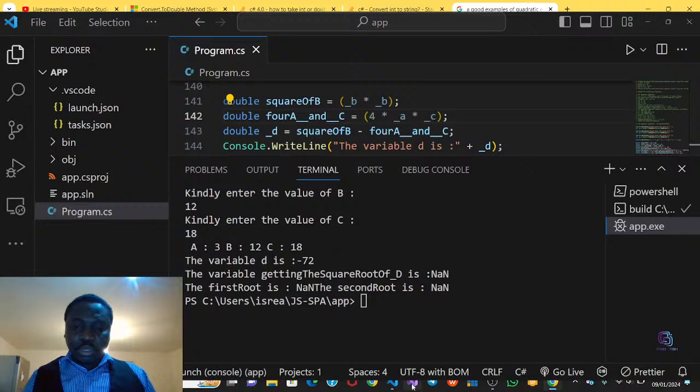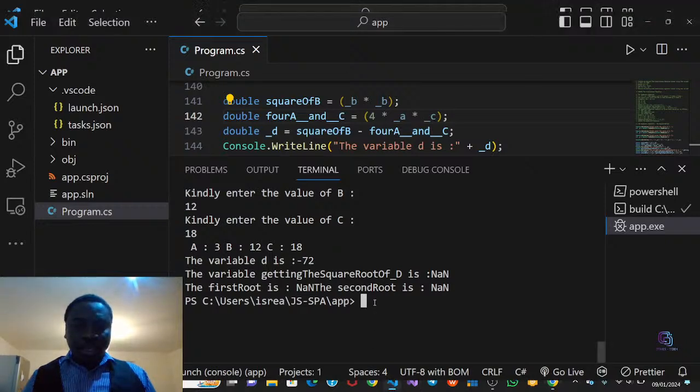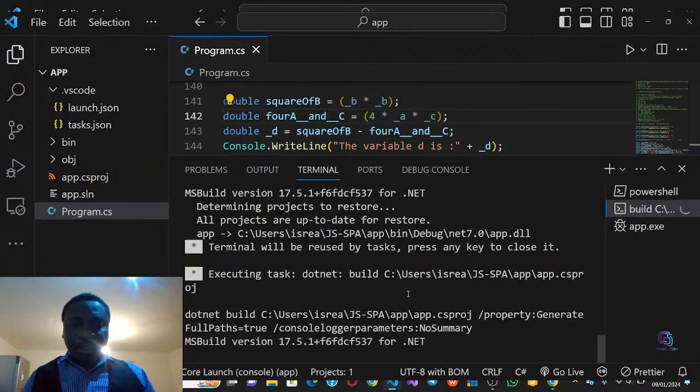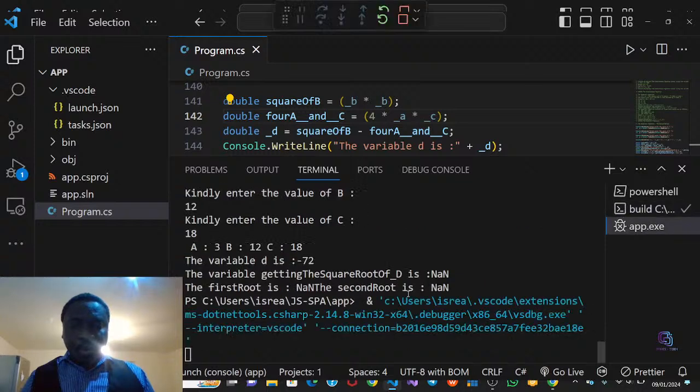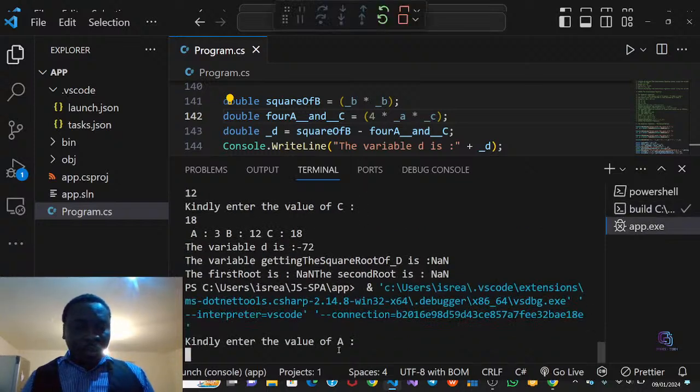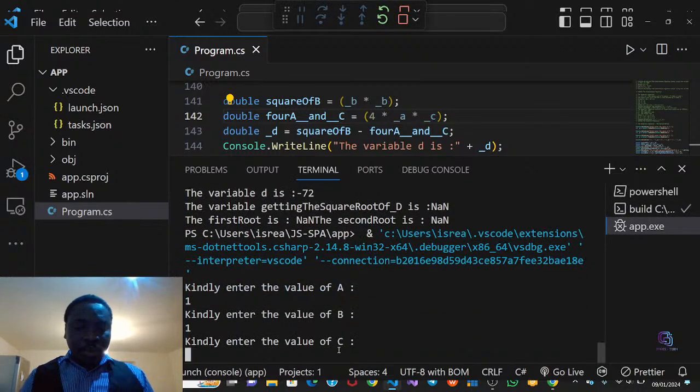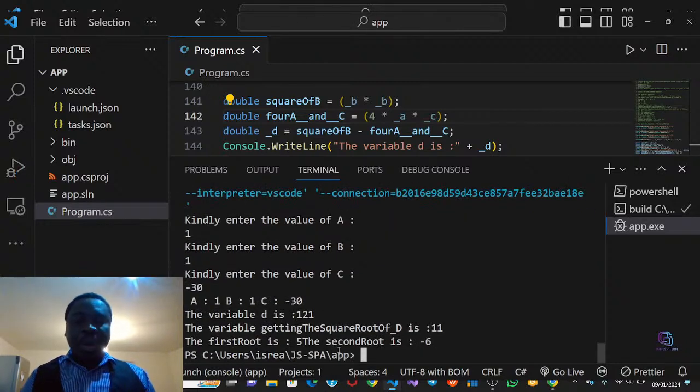Let me just implement this. Okay, let me run it again. 1 minus 30. Let's see the results. Wow, we got our answer. The first root is 5, and the second root is what? Minus 6. Let's confirm.